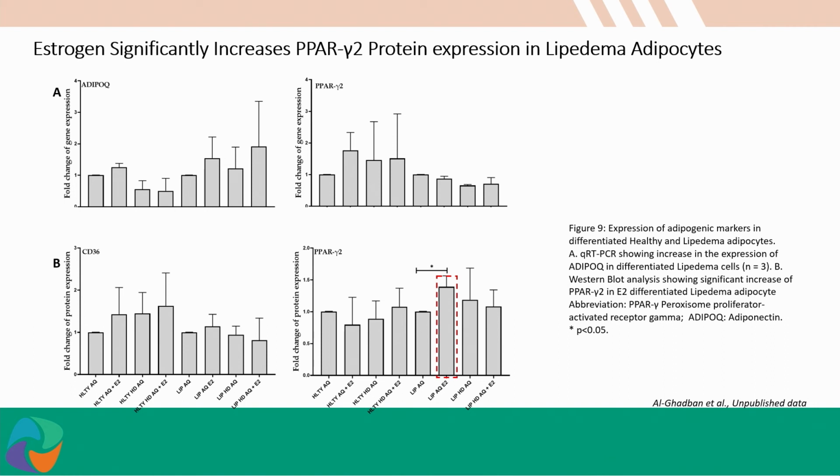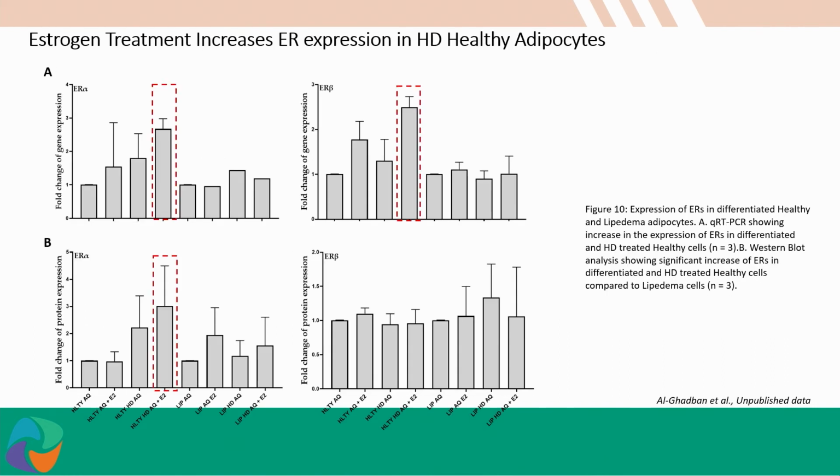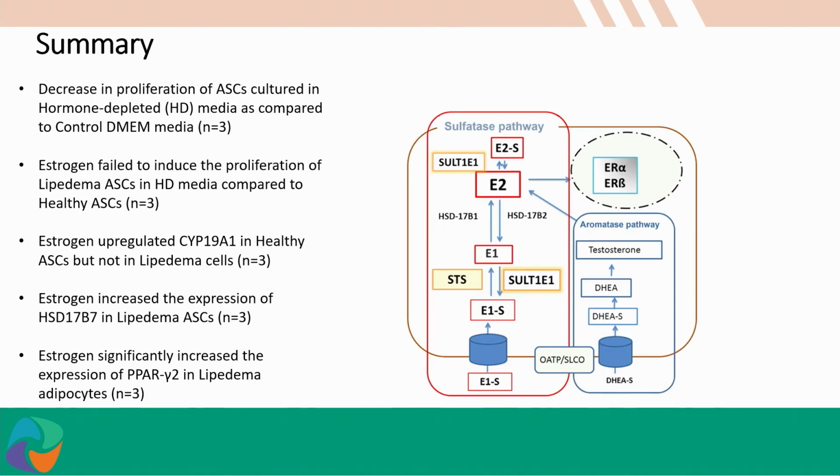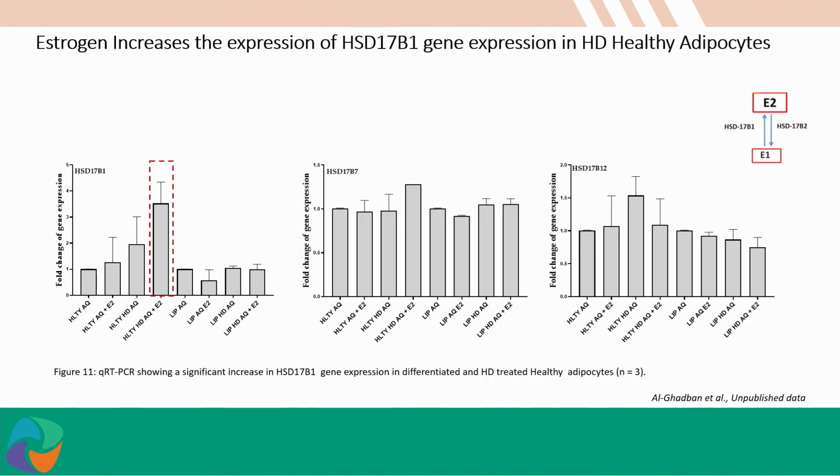So estrogen induces adipogenesis in lipedema. And when we looked at the estrogen receptors, we have seen that they are only increased in healthy cells and not in lipedema cells. For the enzymes, we have seen only B1 increase in healthy cells treated with E2, but there is nothing increasing in lipedema cells, so they are not activating estrogen anymore.